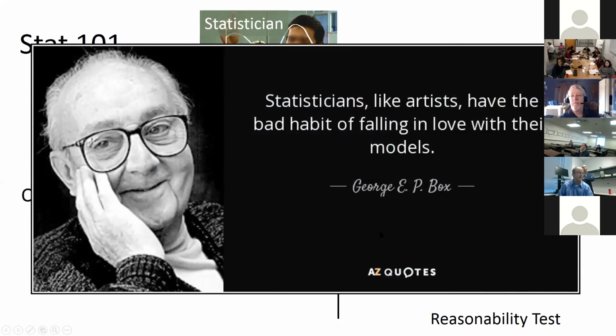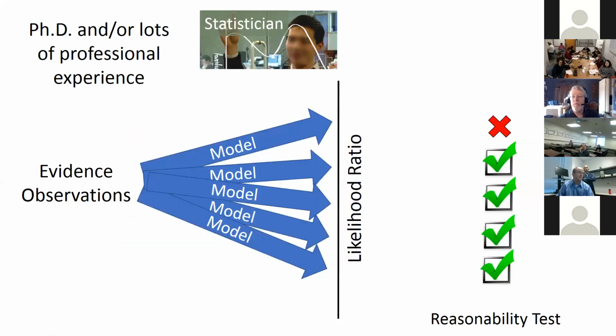But if you've been around the game for a while, you may start out by considering a broader class of models. Somebody who's been thoroughly trained in statistics may have an initial set of models, or some conceptualization that there's more than one way to translate this evidence and these observations into a value for the likelihood ratio.